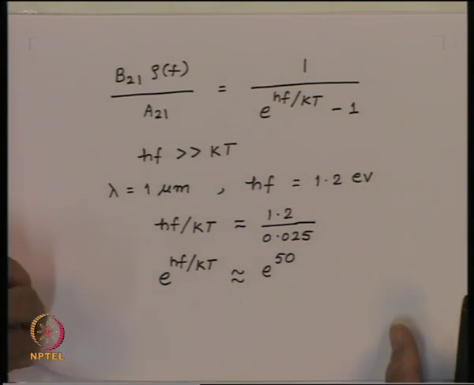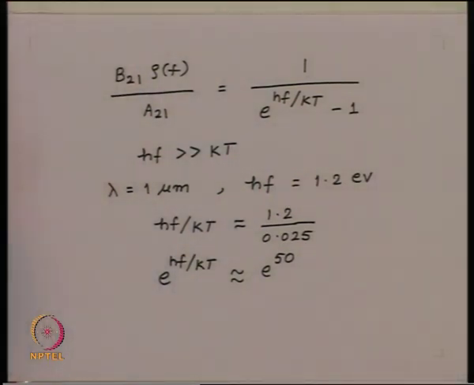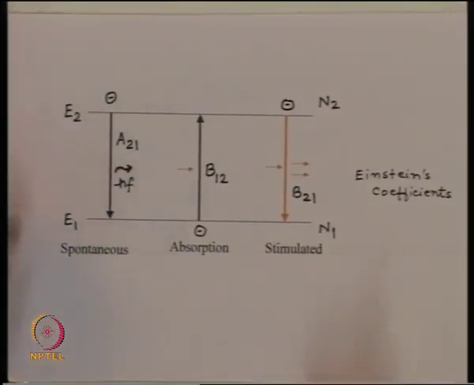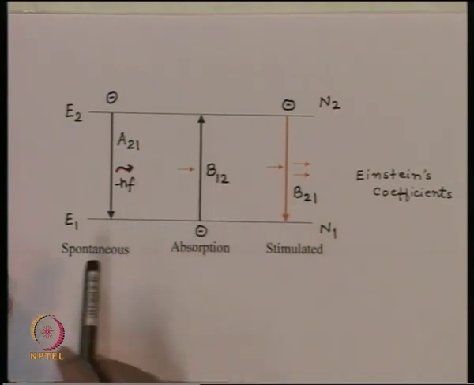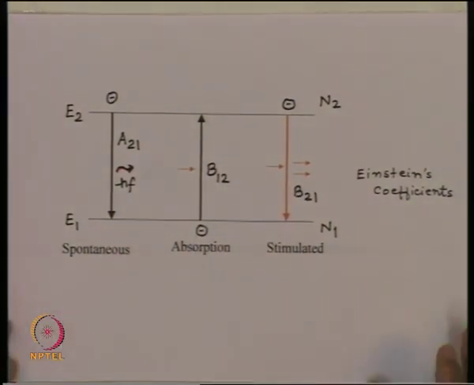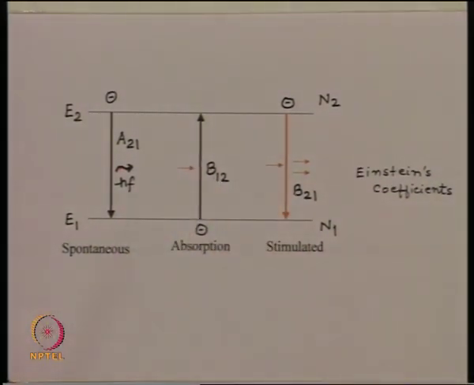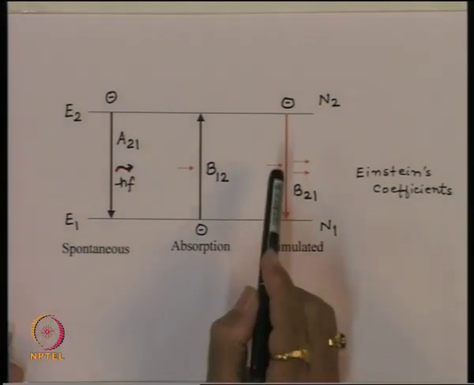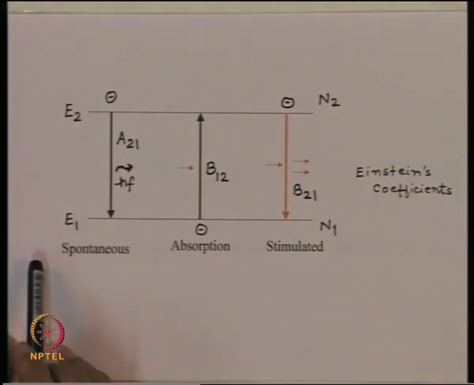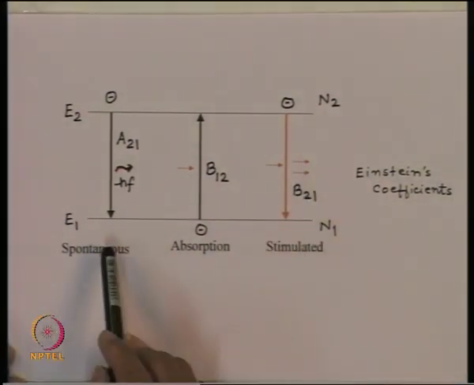Having said that, now let us concentrate only on this process which is the stimulated process, or let us concentrate on these two processes which are taking place in the presence of the photon. Why we are saying that? That is because when this process starts, this process is a multiplicative process.